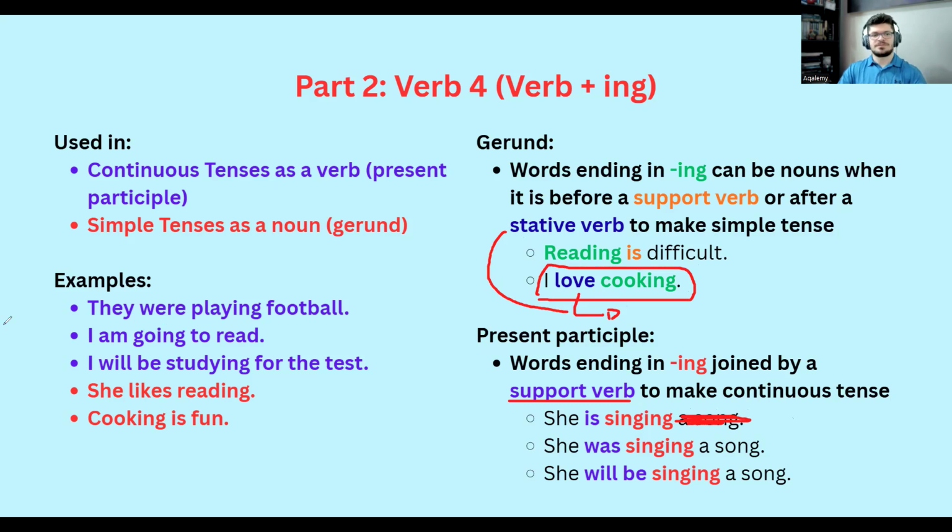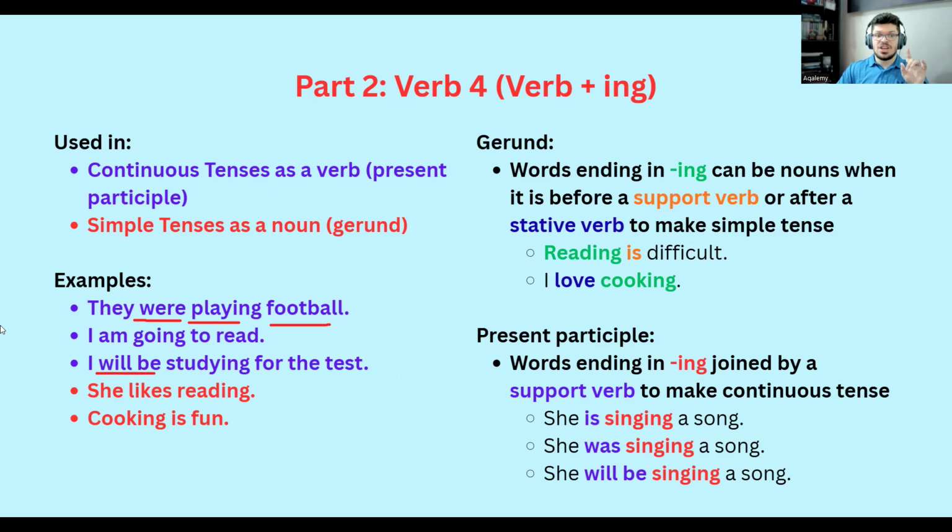Just be careful. Let's look at the other options. They were playing football. This one gives us continuous tense. I am going to read, continuous tense. I will be studying for the test, continuous tense.